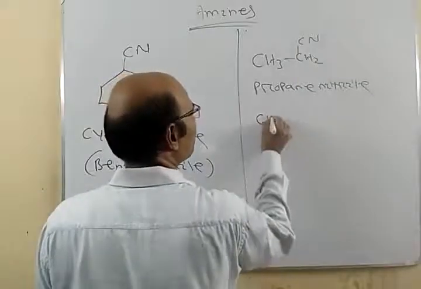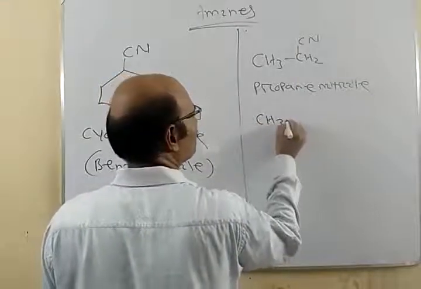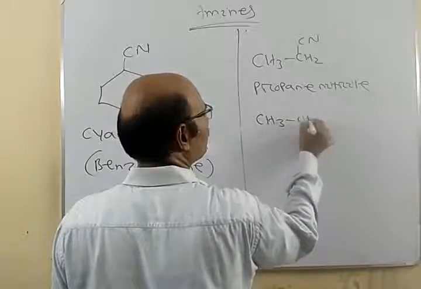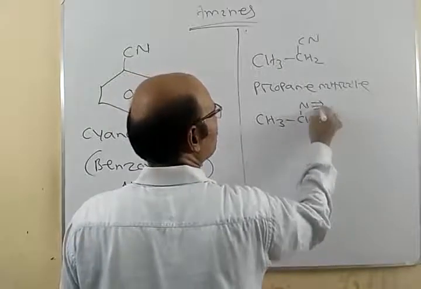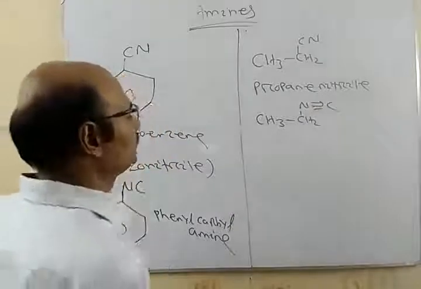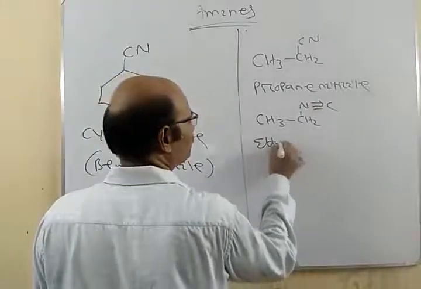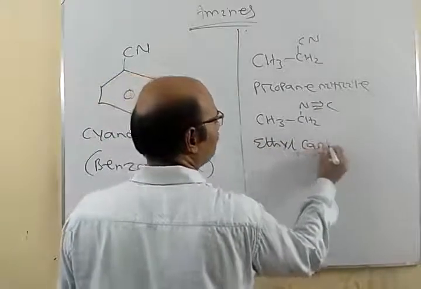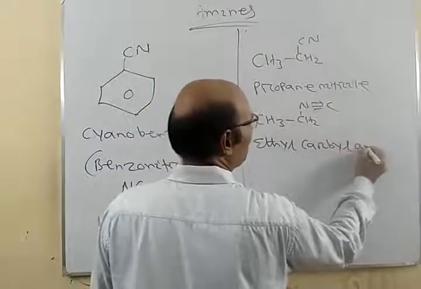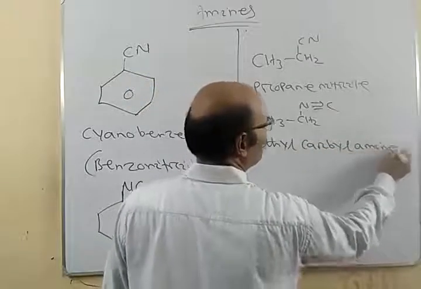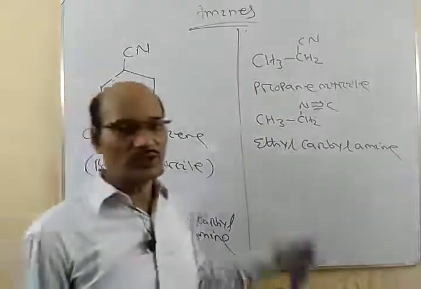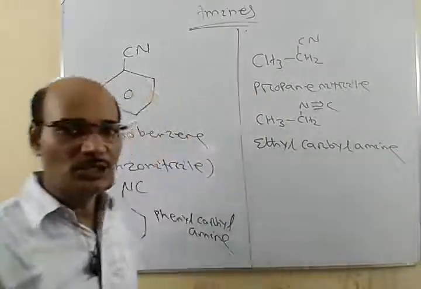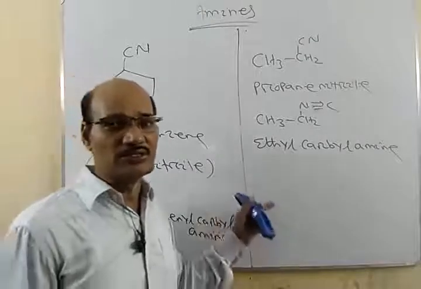Finally, CH3 CH2 NC is ethyl carbylamine. So these are the different compounds, and their names will be utilized in this chapter.